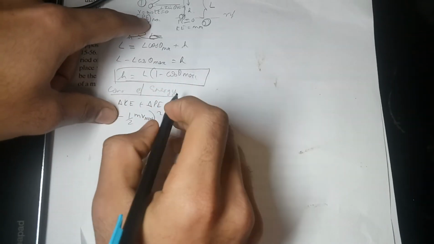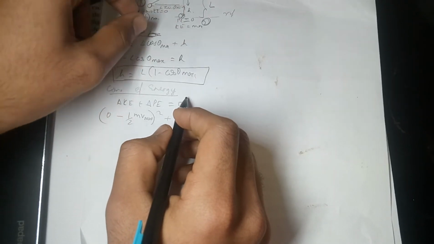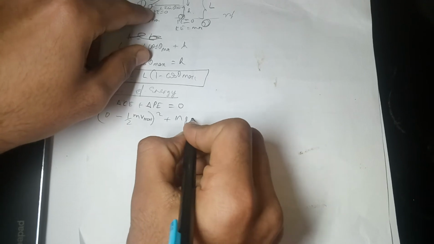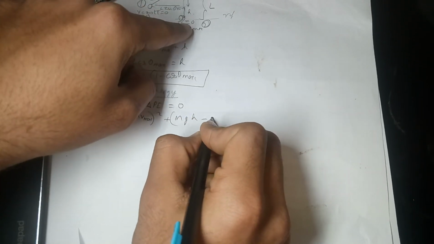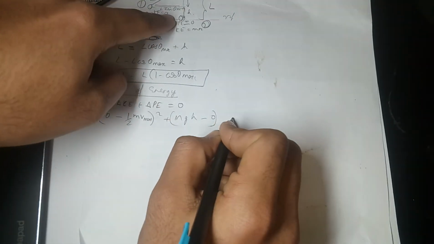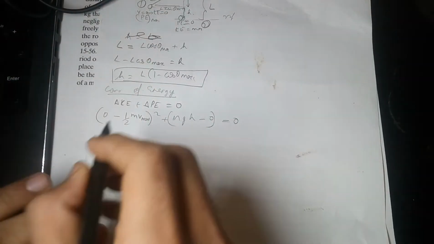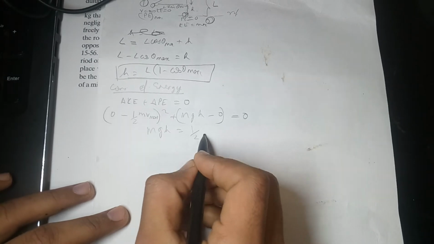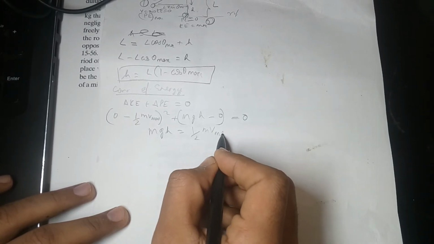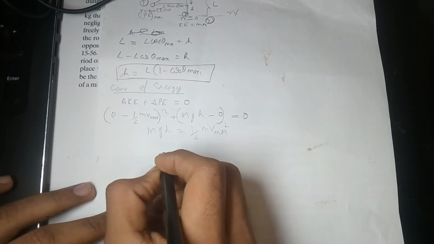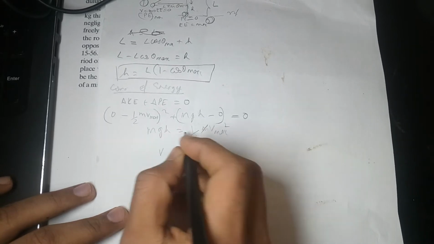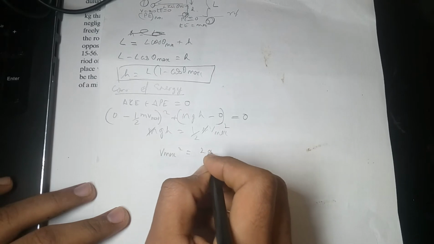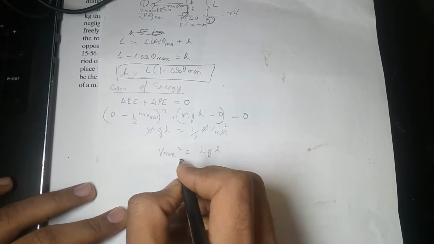Potential energy at this point is maximum, which is the change in the height, which is mgh, and at this point we'll assume it to be 0 at the reference level. So from this we get mgh is equal to half m v max square, or m cancels out, v max square is equal to 2gh.